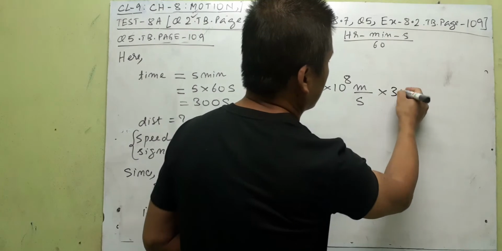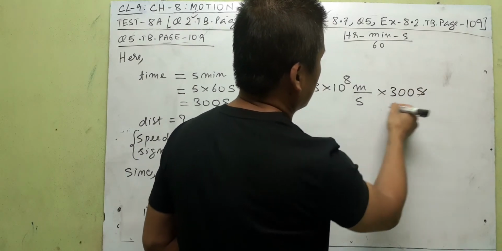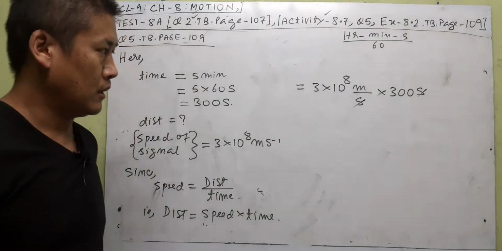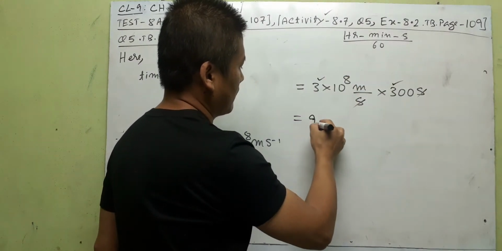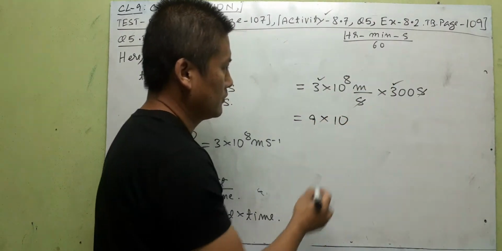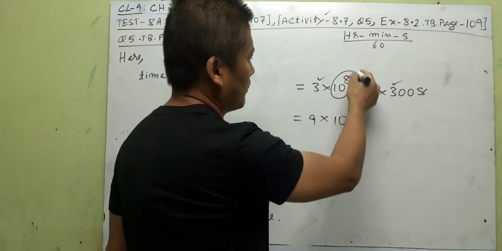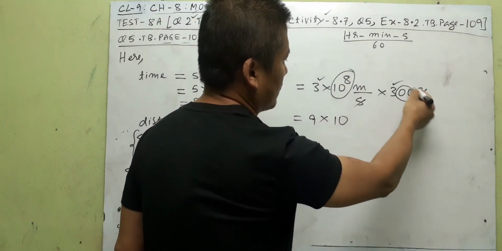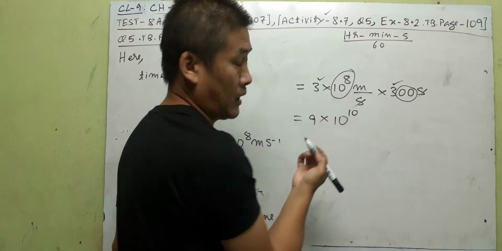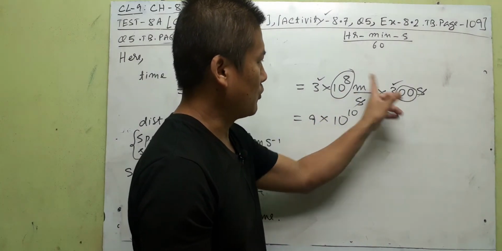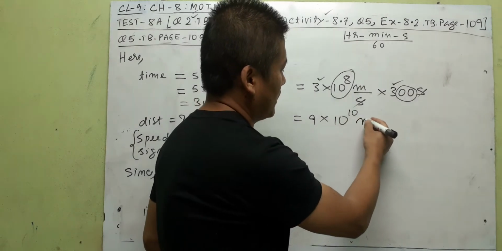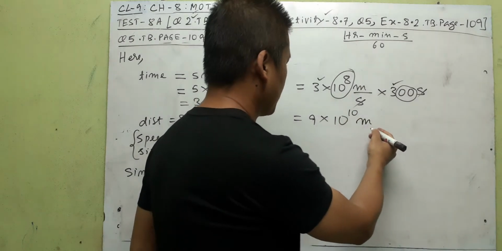So we write here 300 seconds. This way, second and second will cancel. Then 3 threes are 9, into 10 to the power 8 plus, how many zeros, 2 zeros, means 10 to the power 2. 2 plus 8 is 10, so 10 to the power 10 meter. That can be your answer.